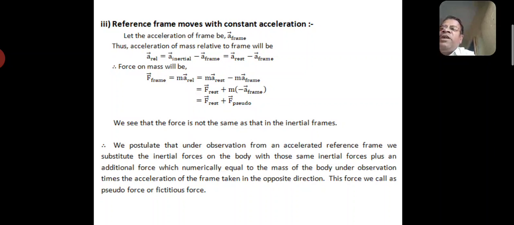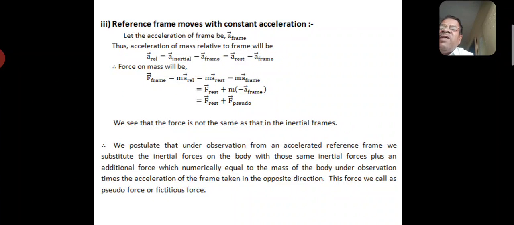Now we have to consider the reference frame moving with constant acceleration. Let the acceleration of the frame be a frame. Thus, the acceleration of mass relative to the frame will be a relative. Observe here carefully. The first frame is at rest, the second frame is moving with an acceleration a.